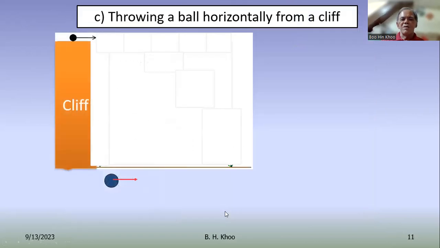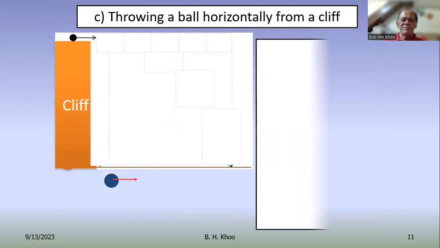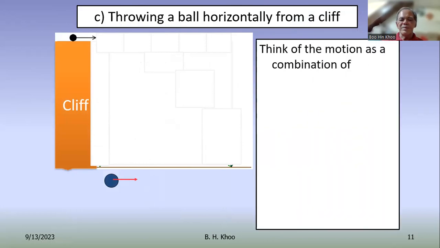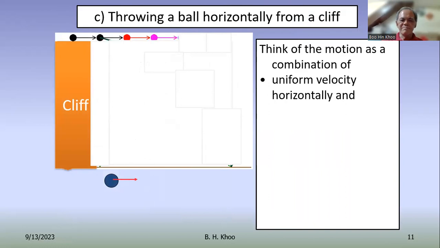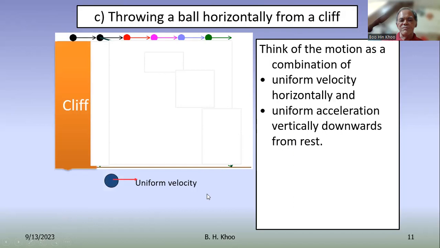Throwing a ball horizontally from a cliff. You can think of the motion as a combination of uniform velocity horizontally, and uniform acceleration vertically downwards.